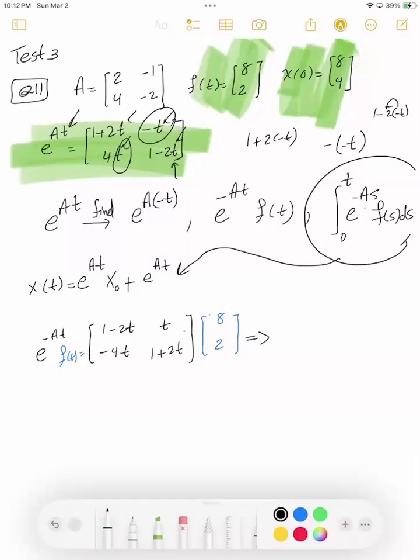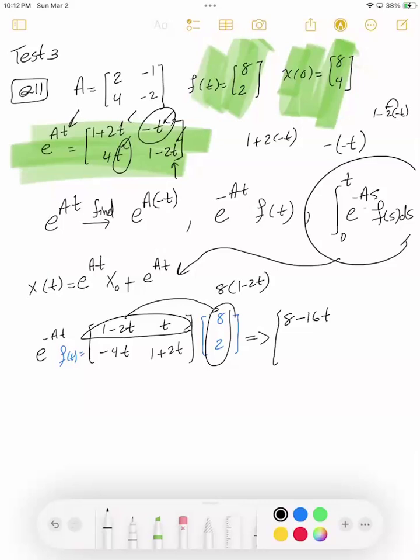So we multiply this row by this column: 8 times 1 minus 2t is 8 minus 16t. Then we multiply 2 by t and add it.